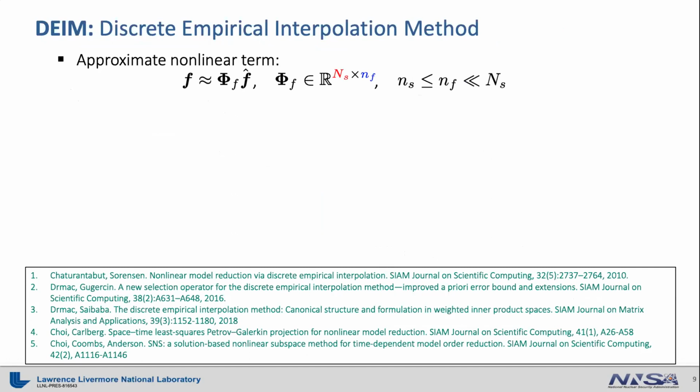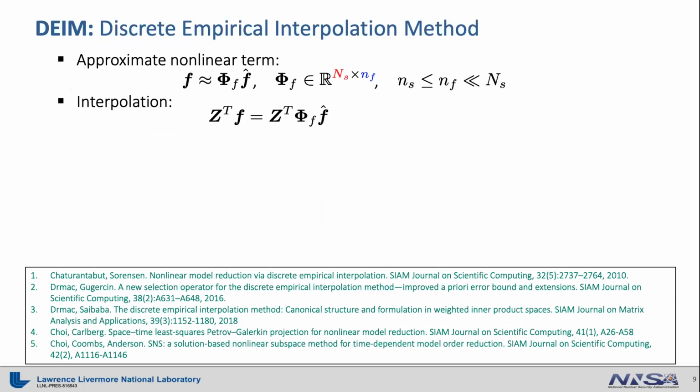The most famous hyperreduction technique is DEIM, called the discrete empirical interpolation method. DEIM introduces the nonlinear basis phi of F and then expresses the nonlinear terms as a linear combination of nonlinear basis vectors.